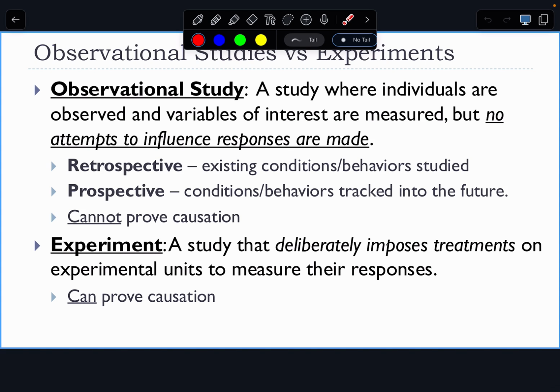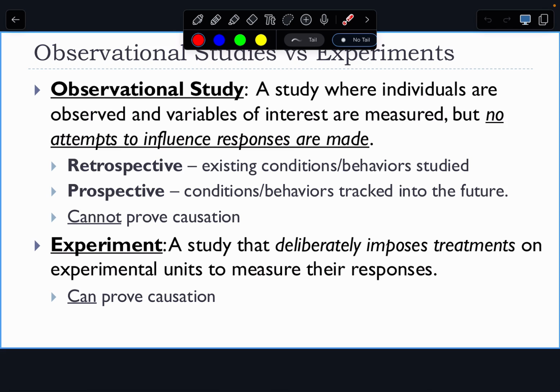So when we look at observational studies and they ask about the types of conclusions we can draw, we can take the information from an observational study and generalize it to a larger population. When I see the relationship that's in play, I can generalize that to my population.